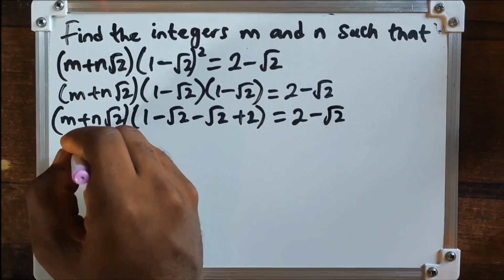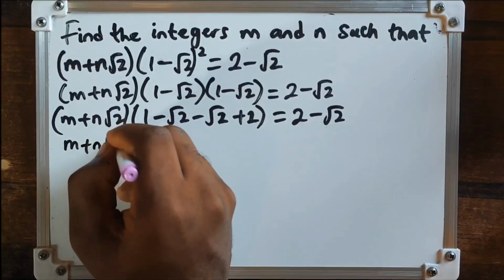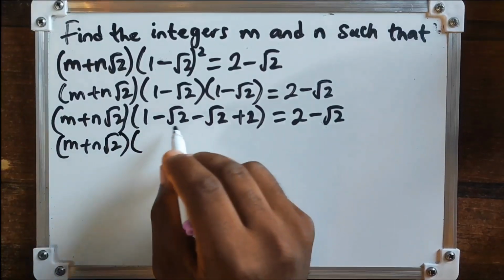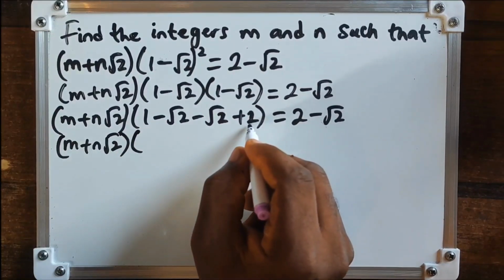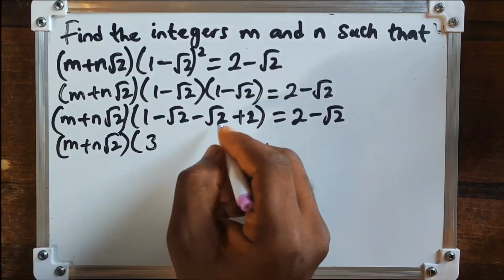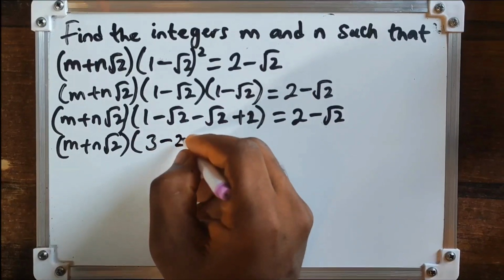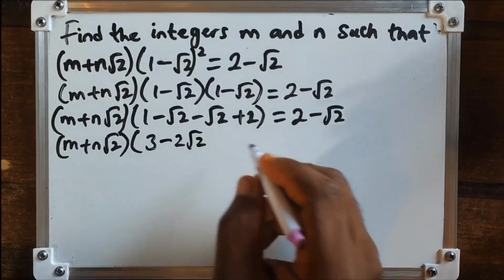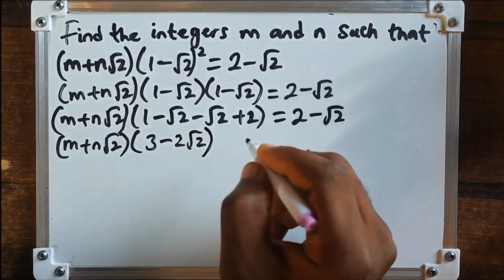So this is going to be m plus n root 2 into 1 plus 2. I can add that together, that will be 3. Then minus root 2 minus root 2 will be minus 2 root 2. And that's that.